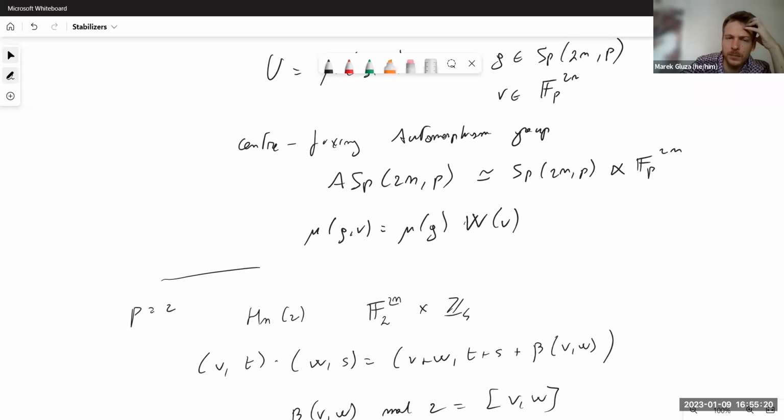Yeah, I think you were mentioning before, and this mu of G, will you be showing us how to construct them then, or no? No, I won't. But for example, you can do that for the generators of the symplectic group. And actually, this is what you do in the qubit case, since it's slightly harder to deal with, because you cannot write these things, but you can do that on generators.